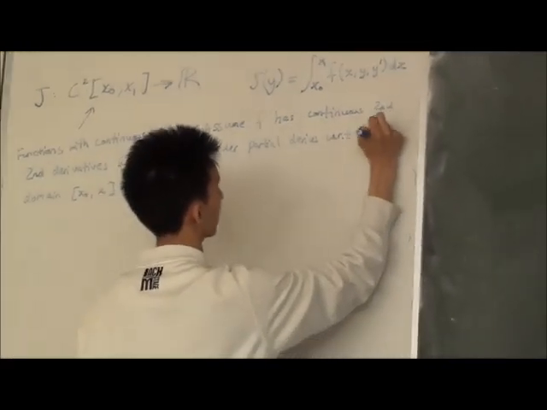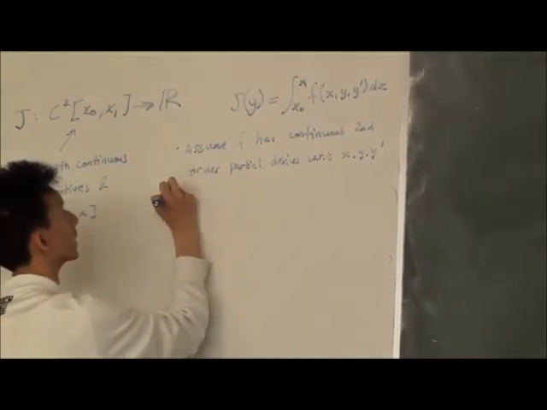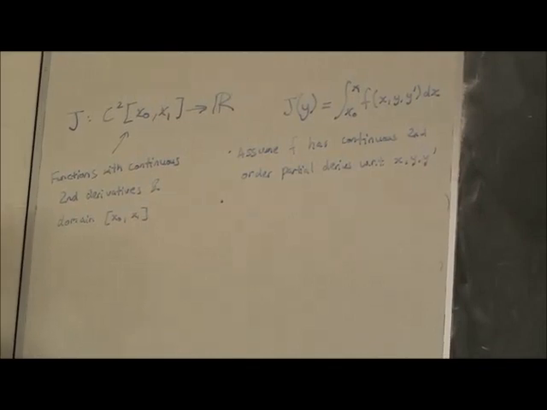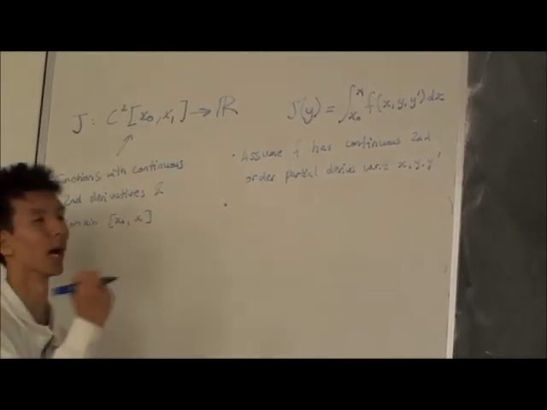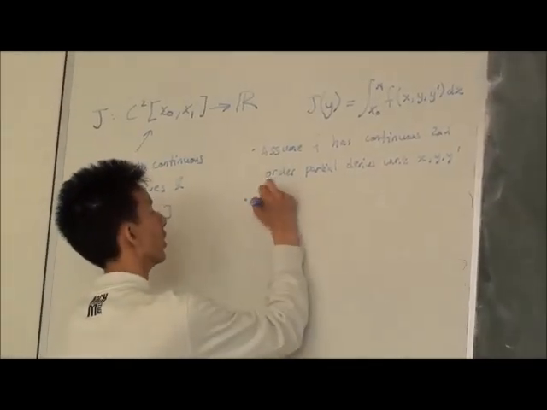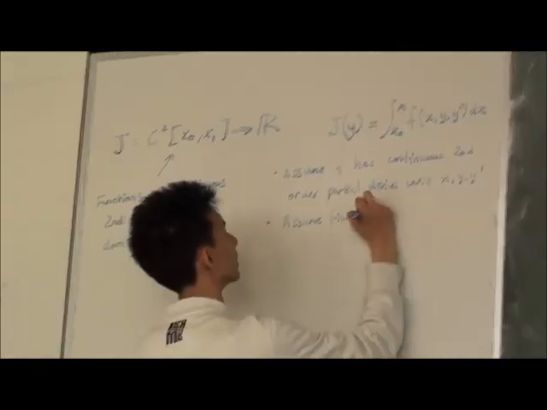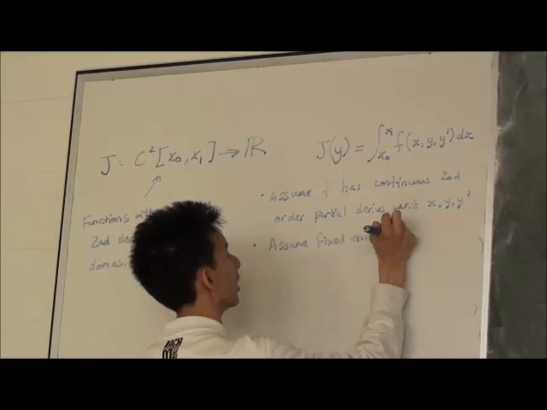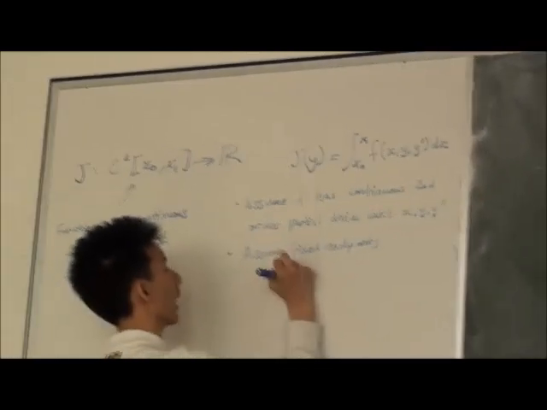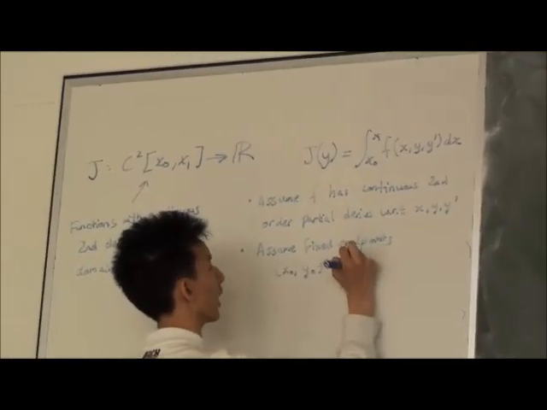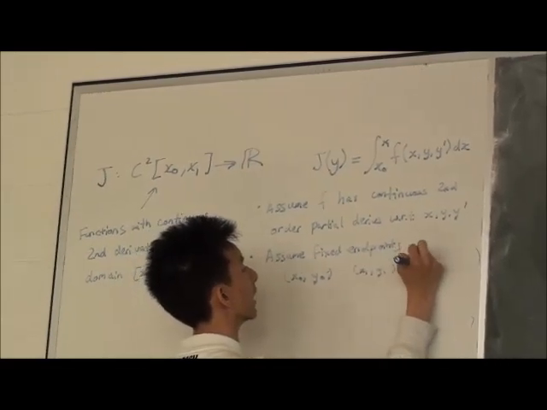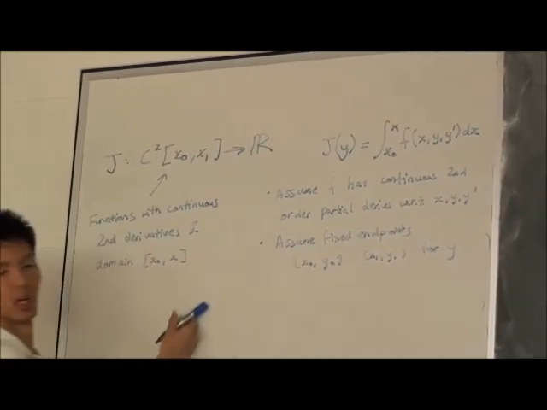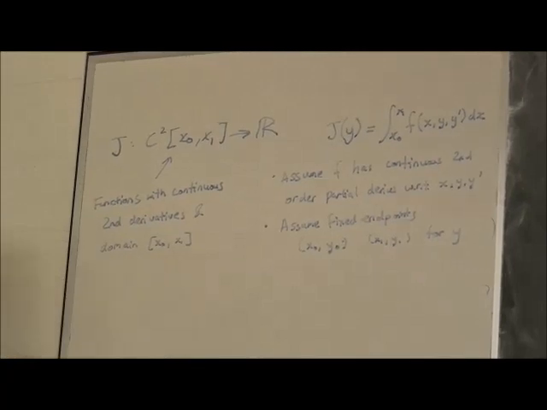And the other assumption we need to make, since this is a fixed endpoint variation problem, is that y has fixed endpoints, say (x0, y0) and (x1, y1). These assumptions will come in later, but we don't need to worry about them yet.